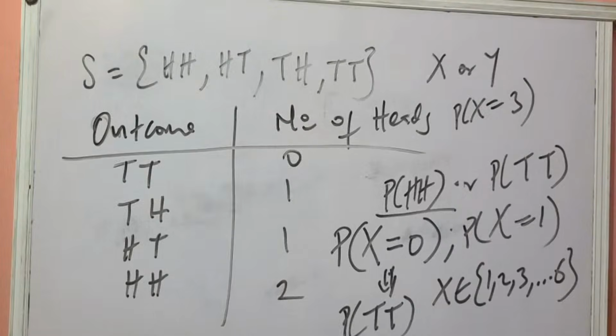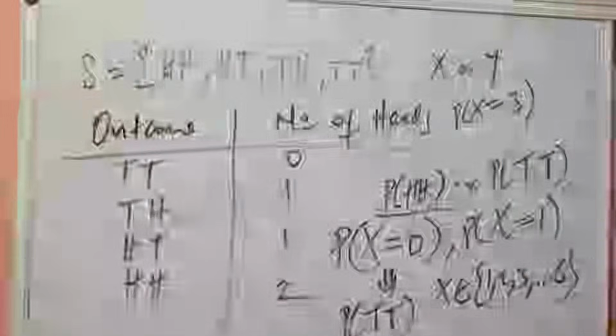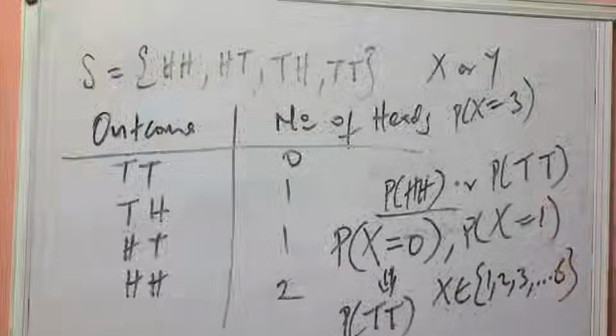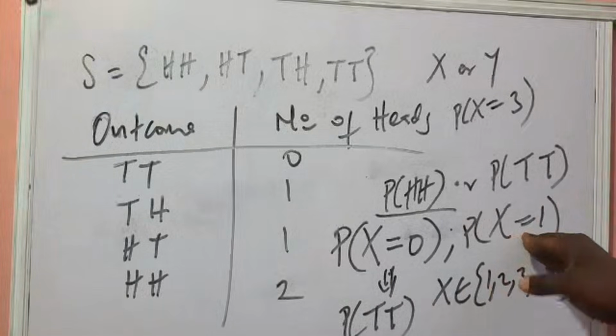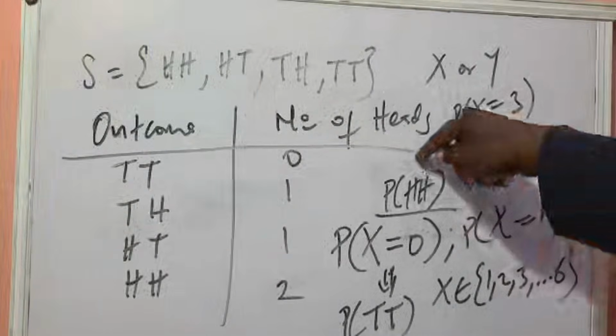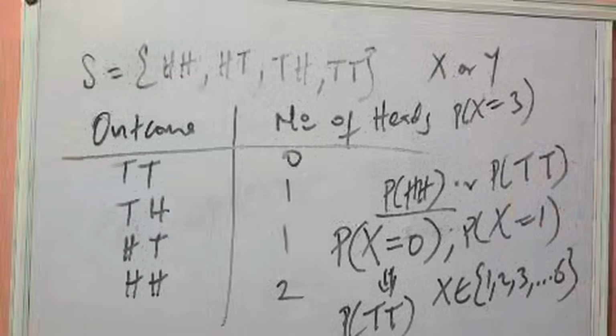All right. Now, I want to tell you a little bit about why we do this. Some of you may be wondering, if I could write probability of tail, why then do I go on to write probability of X equals 0? Why do I write probability of X equals 1 if I could just write probability of 1 head? One main reason why we use random variables is that they make complex qualitative scenarios manageable. Qualitative, and the opposite is quantitative.